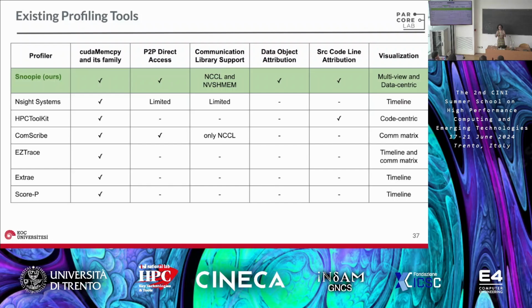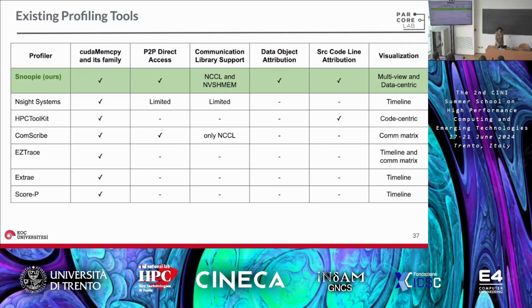Also, from the programmer's point of view, we wanted to associate data movement with the program objects and variables involved in that communication. So we wanted to link this information back to the source code. That's why we have source code line attribution, but also the data objects involved in that communication.